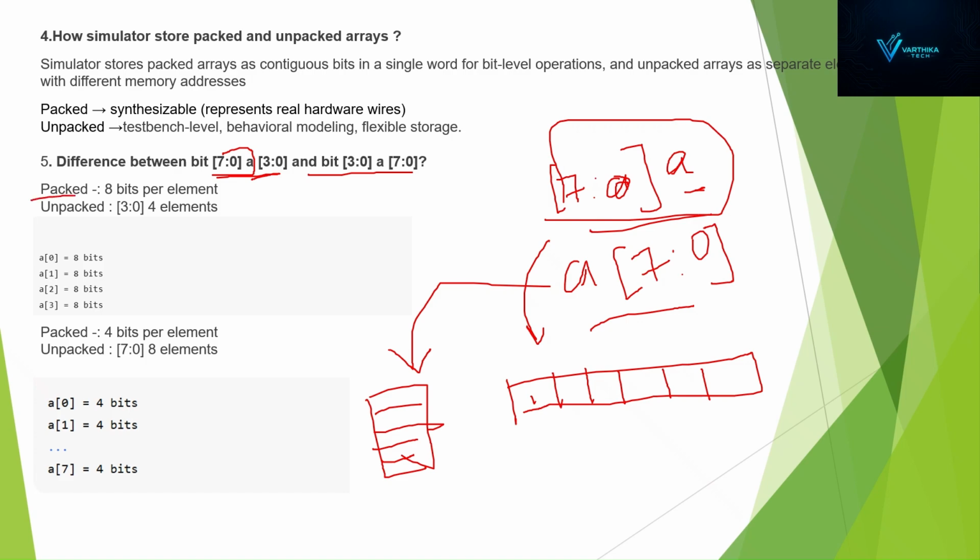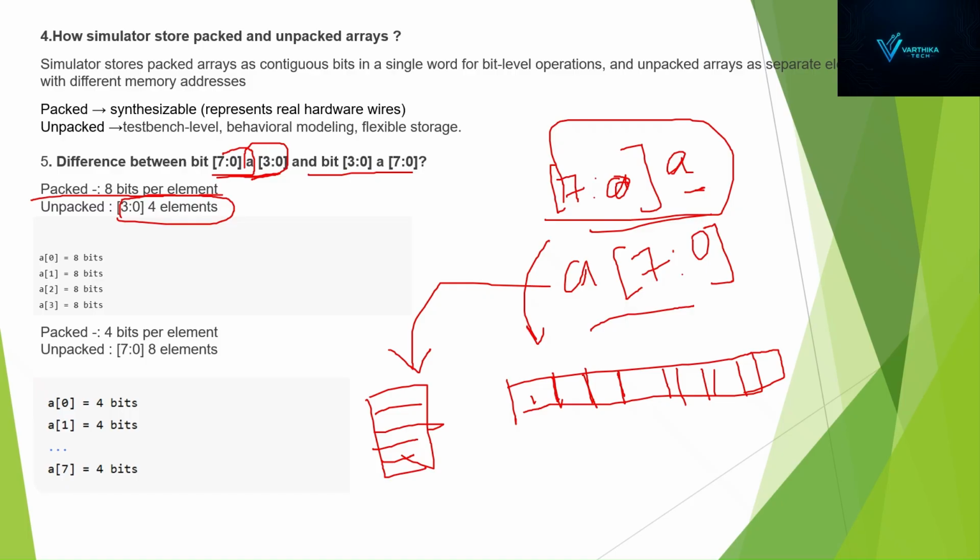So here there are 8 bits per element. The 8 bits per element have been packed, which means, as I said, packed array means continuous data bits. So here a total of 8 bits were there: 0, 1, 2, 3, 4, 5, 6, 7. These 8 bits form an unpacked array of 4 elements, a of 3 down to 0.